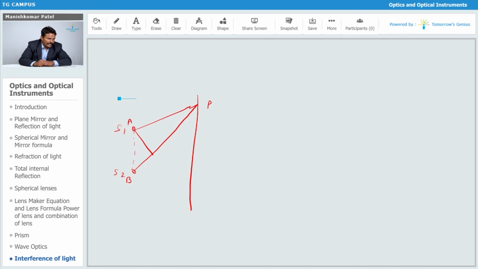For example, this is BQ, that is the extra distance which they have to travel. So BP minus AP is the path difference. If it is at the center, then obviously both of them travel the same distance, because it is exactly symmetrical over here. So this is the path difference.